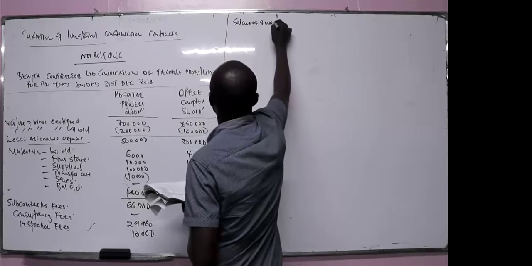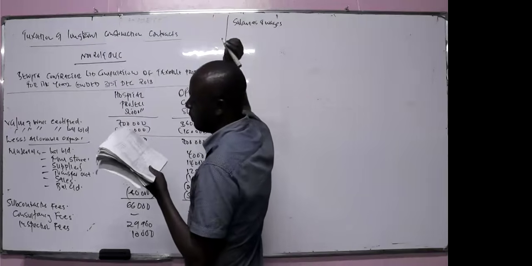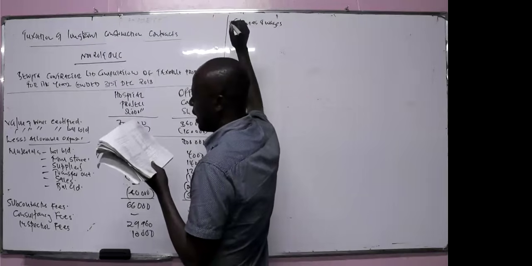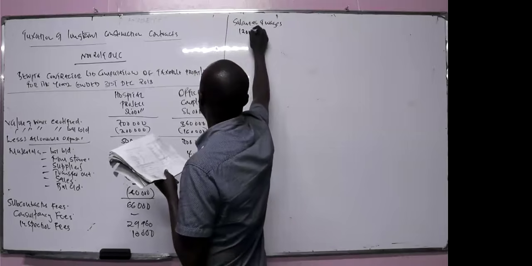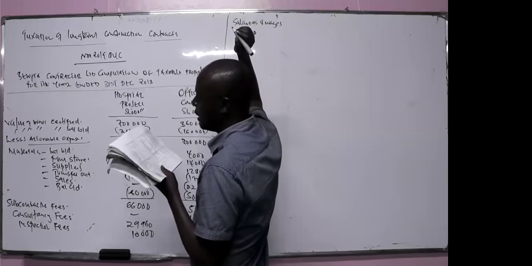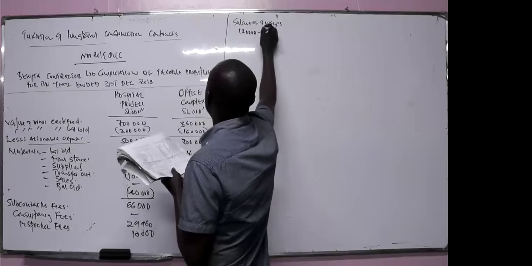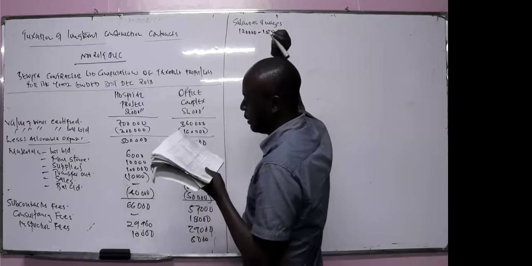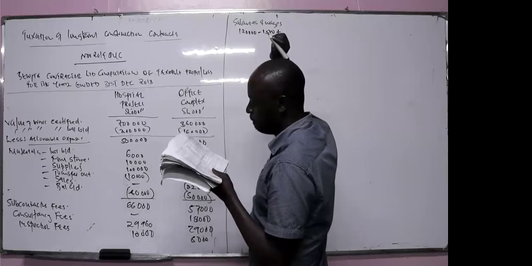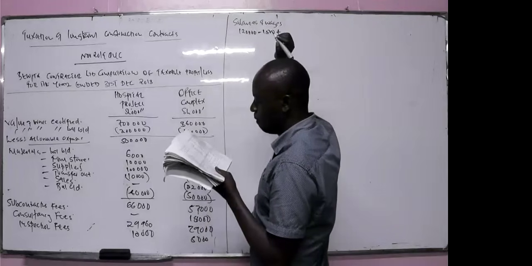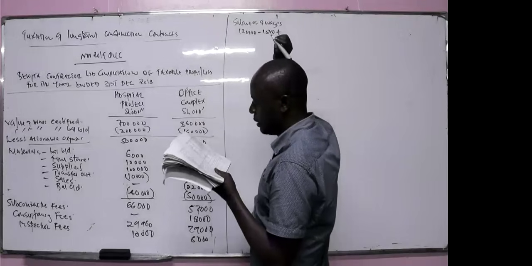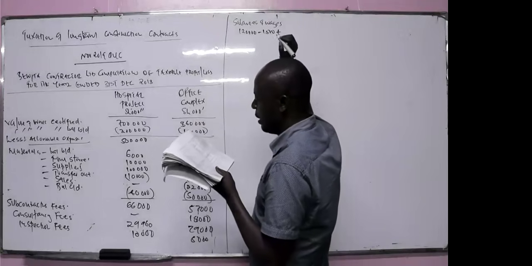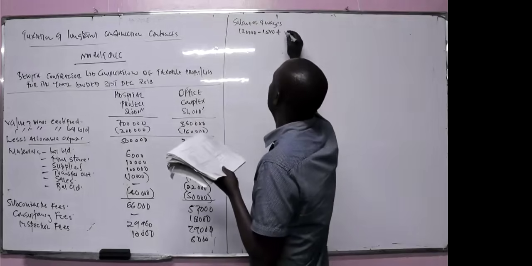This one requires some adjustments. So we have salaries and wages, 120,000. We have accrued salaries at the beginning, minus 1,500. And then at the end is how much? 1,000, isn't it? So we add 1,000.